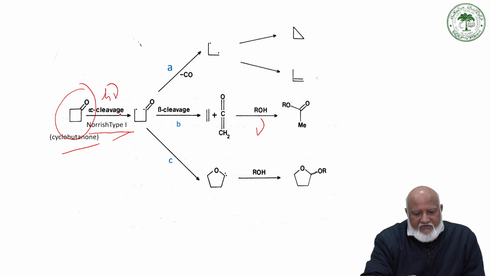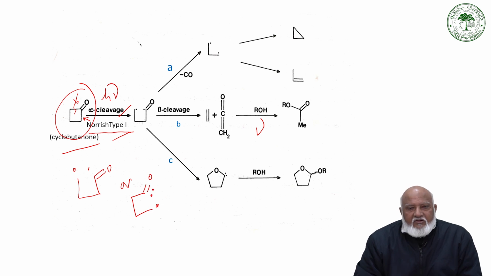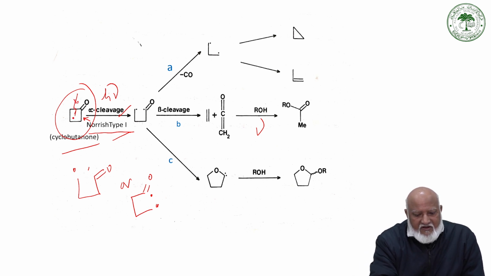You can cleave either alpha bond, and both radicals are the same because there is no substituent on the alpha position, so you are free to cleave any one of them.